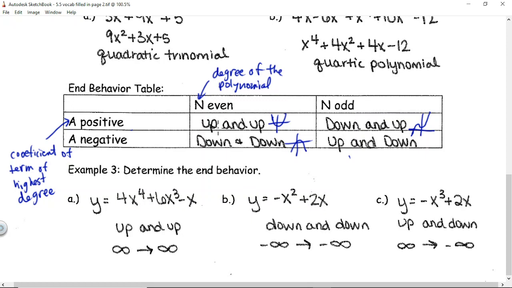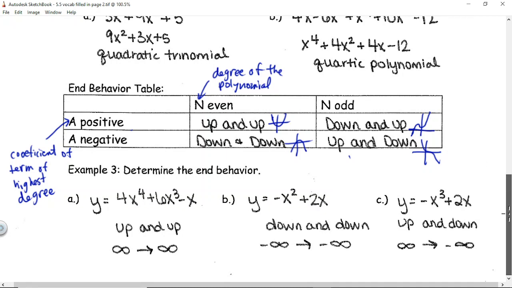So we didn't draw a little picture for a being negative and n being odd. Well, it's just when you go to the left, it's up, and when you go to the right, it's down. So something like this would be what you have when a is negative and n is odd.